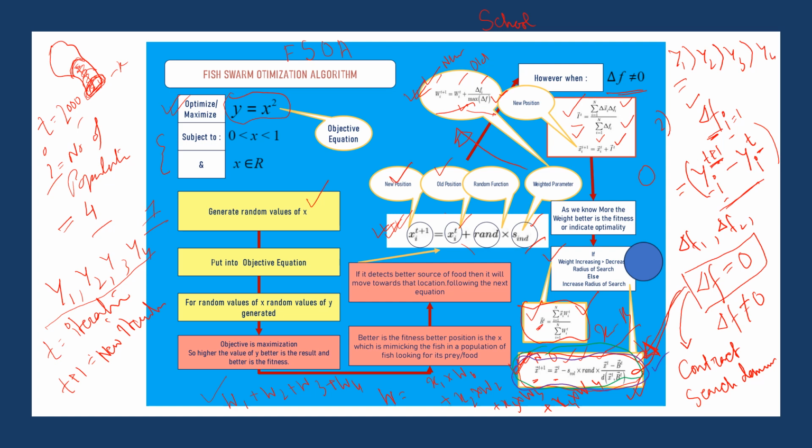Now you will say, what is b? B is nothing but the weighted average of the value of the input parameter or the design variables.